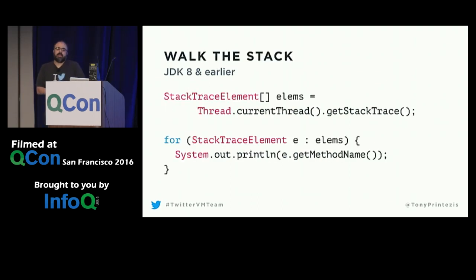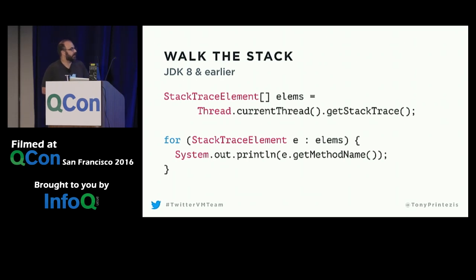So in JDK 8 and earlier, the only way to get a stack trace was to call the getStackTrace method on Thread. That returns a big array of StackTraceElements, one per stack frame in the stack, and depending on how deep your stack is, that array could be quite large. And then you can just use it.